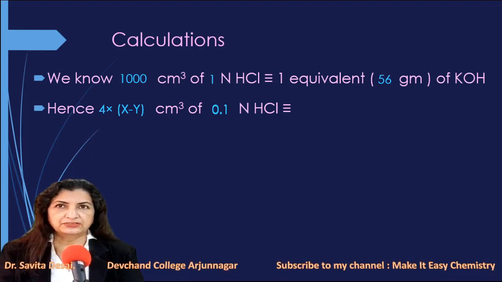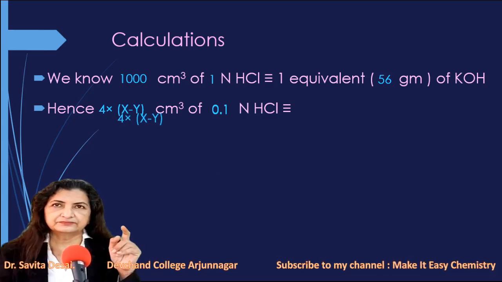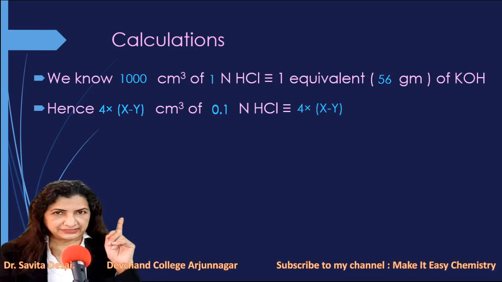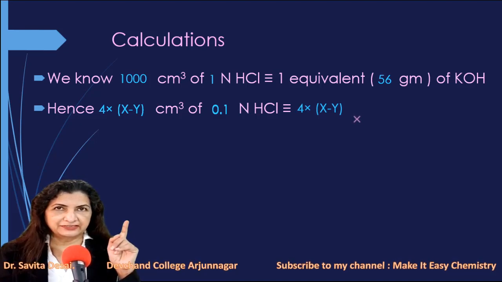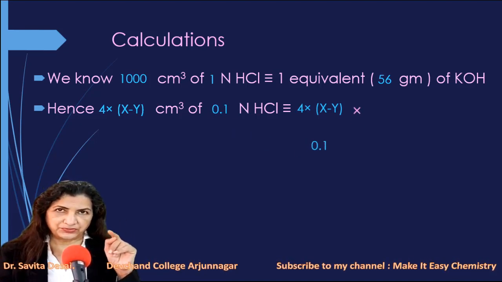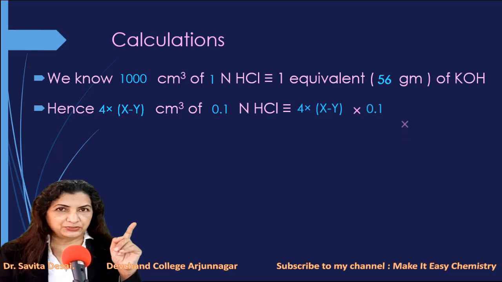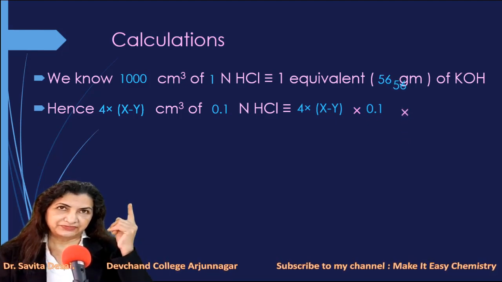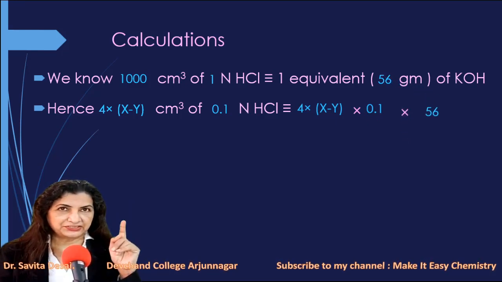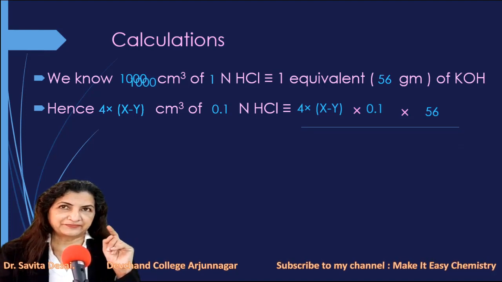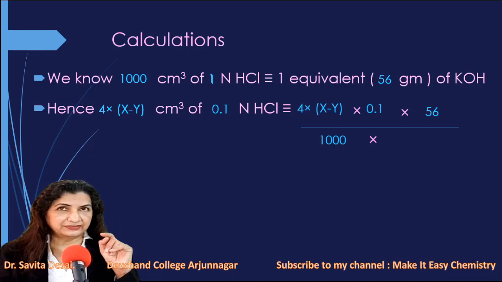We are going to find out. Yes, 4 into X minus Y into 0.1 into 56 grams of KOH divided by 1000 into 1.